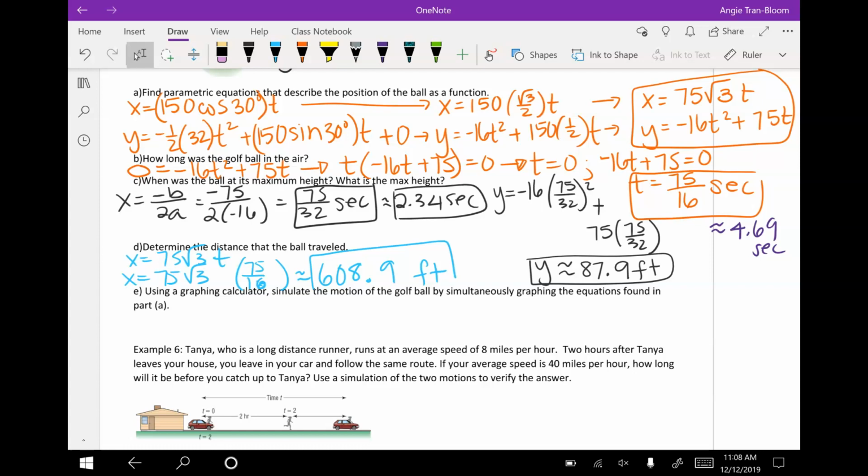Yeah, it should work, right? Yeah. So if it's on the calculator portion, you can use your calculator for all of it. Okay?